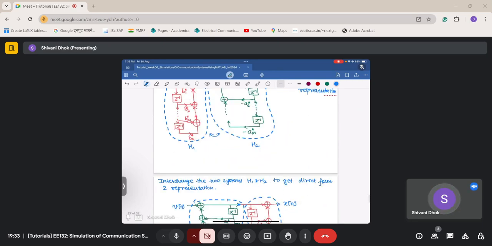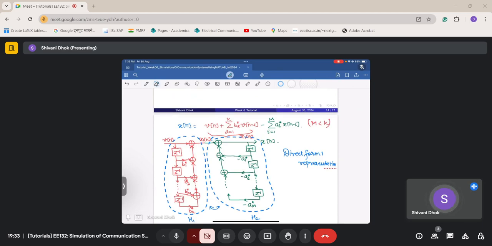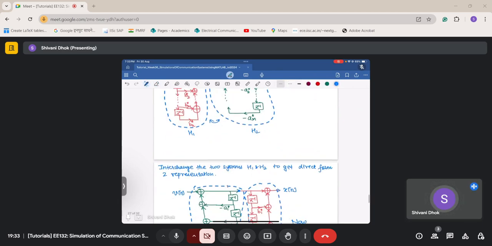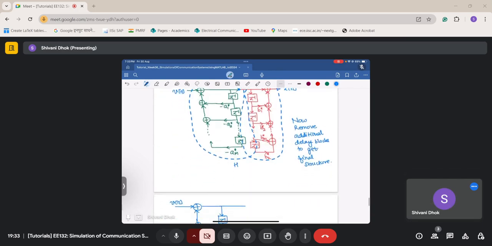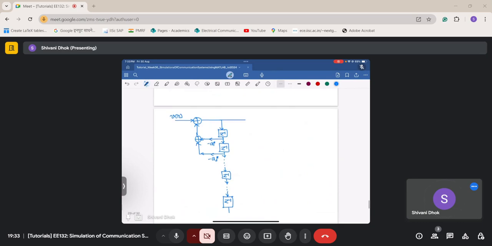And what we have assumed is my m is less than k. So this m is less than k. So we'll have, let's say this is the kth thing, minus of ek conjugate like this. And then at the end we will have minus of am conjugate.